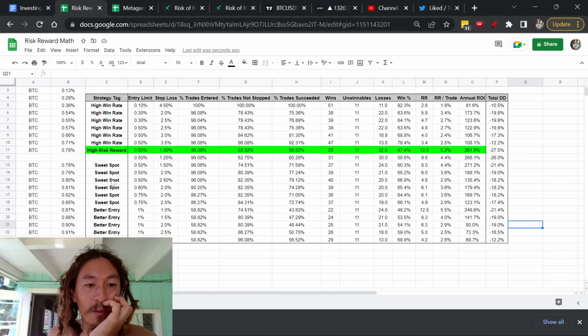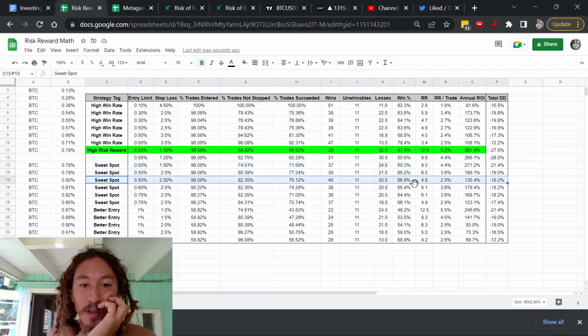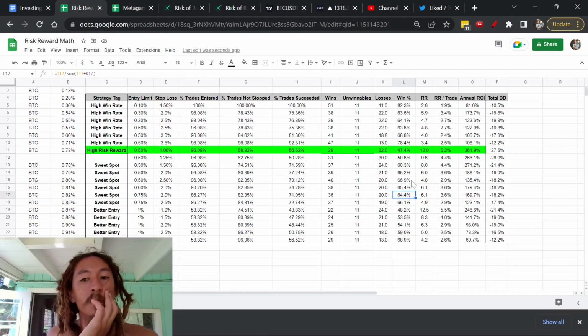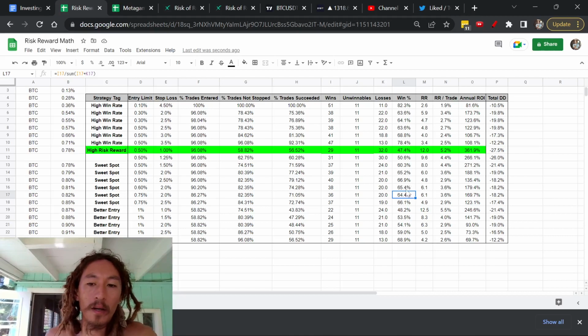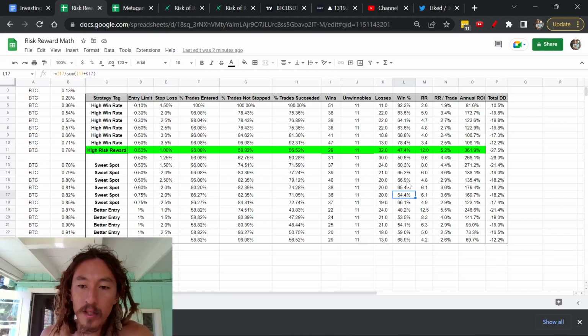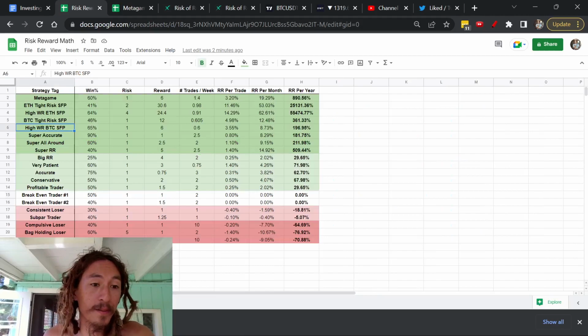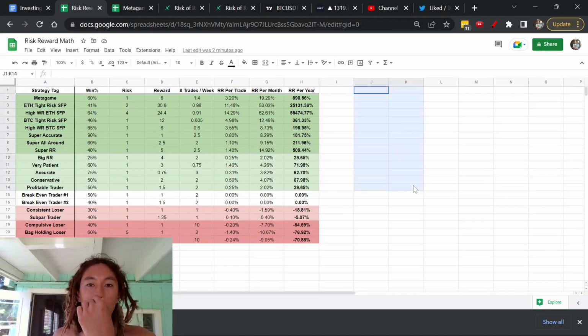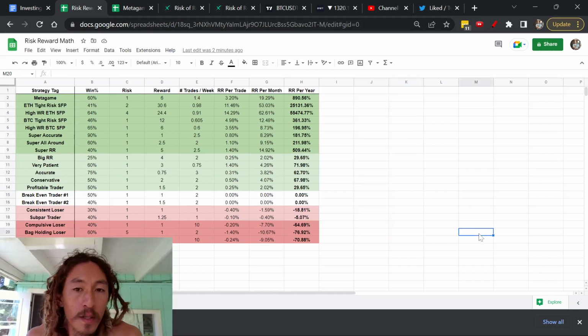I'm doing a sweet spot one, this one, but that win percentage is about still 64% supposedly. I think it's probably fairly accurate. Yeah, time to up my risk, I guess.